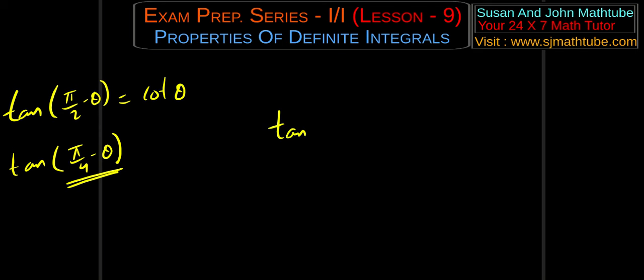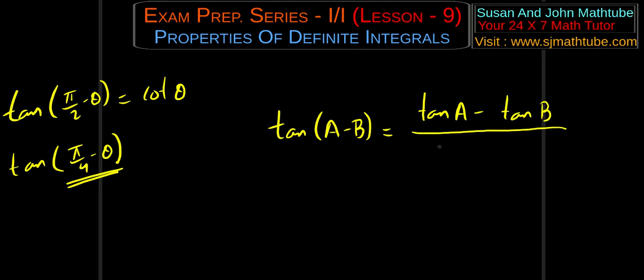We have tan a minus b. Okay, what is tan a minus b? Yeah, tan a minus tan b, the whole divided by 1 plus tan a into tan b, isn't it? And what is tan pi by 4? Yeah, tan 45 is 1. Tan pi by 4 means tan 45. And in case you don't have a, what do you call?